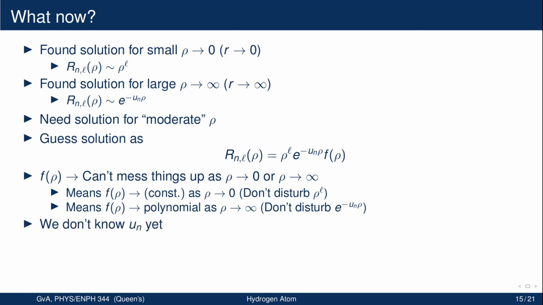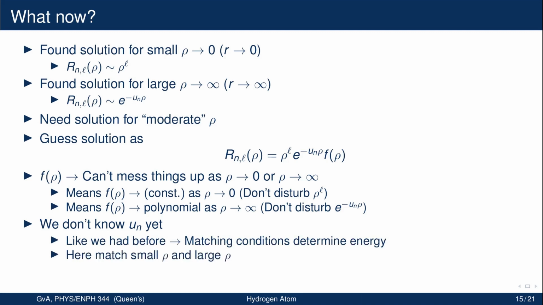Before we continue, I want to note that we don't know what u sub n is yet. This is like what we had before in other problems where matching conditions determine the energy. Here we're going to need to solve the matching conditions between small rho and large rho in order to determine the energies. Now, we're going to continue, but what we need to know is what ordinary differential equation f of rho satisfies.